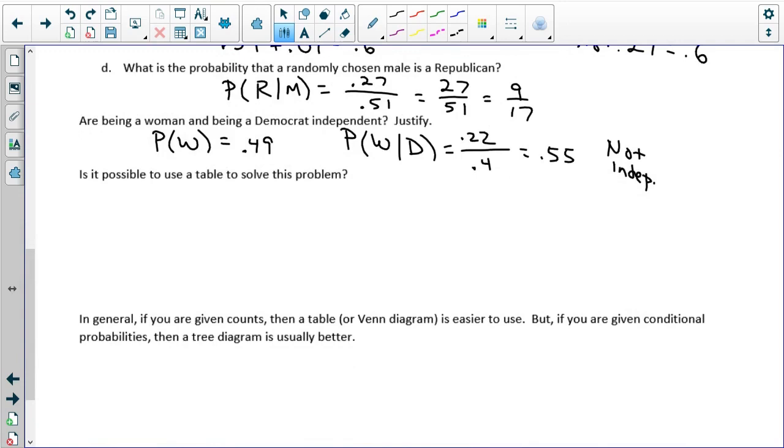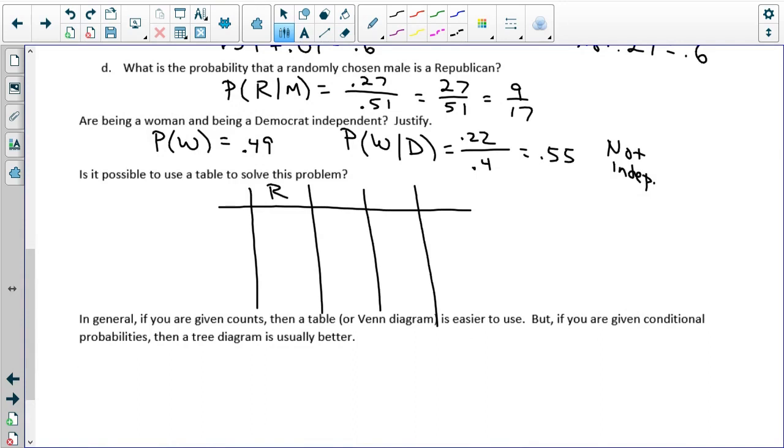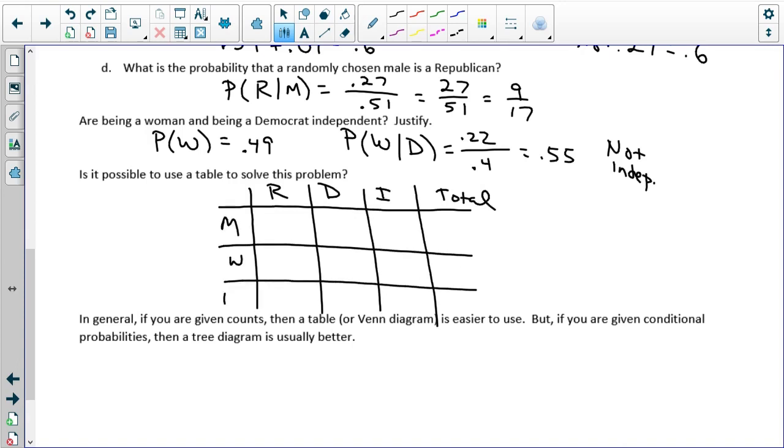Can you use a table to solve this problem? Yes. Republican, Democrat, independent, total, male, and female in total. Basically, what we have is we're taking all of the things from the edge of our chart, and then we are turning them into tabular format.